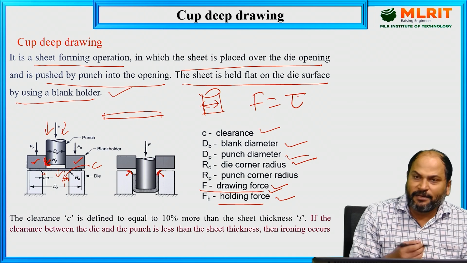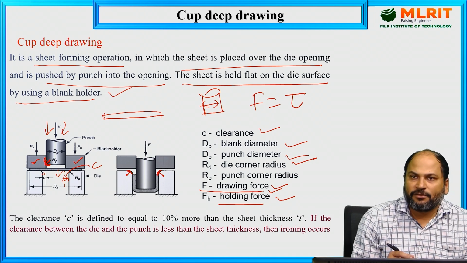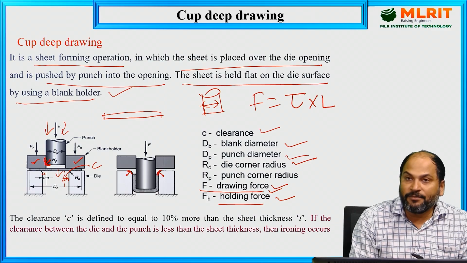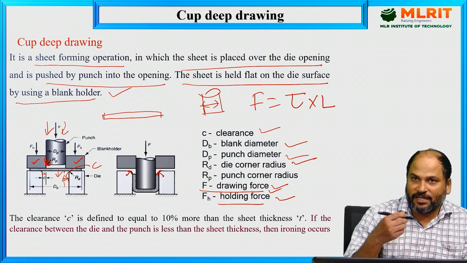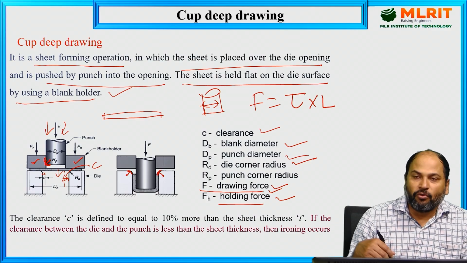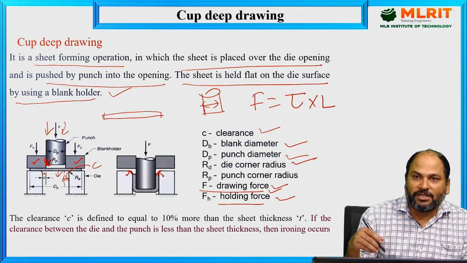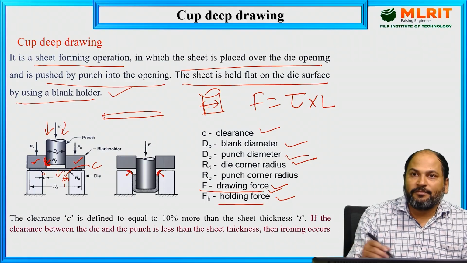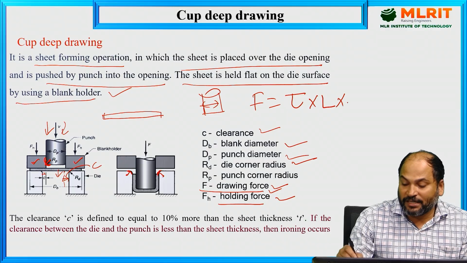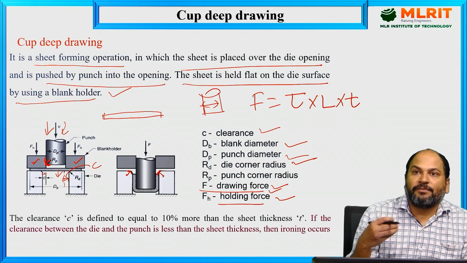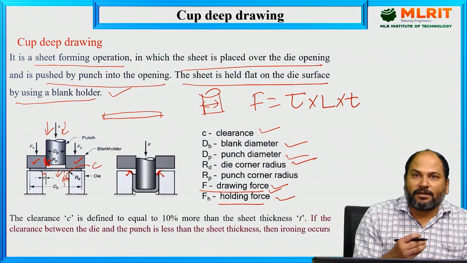Suppose any material we are using in the form of sheet, what is the shear strength of that material, into the perimeter, whether you are creating a hole over there, we are punching, or whatever dimension we are going to generate. So the perimeter of that, into the thickness of the blank, meaning the thickness of the material that we are going to convert into a particular shape.